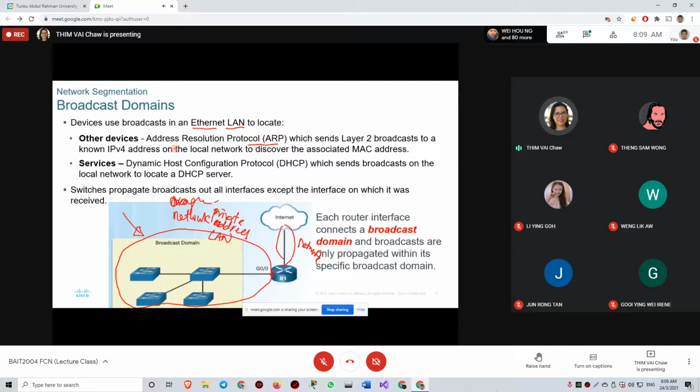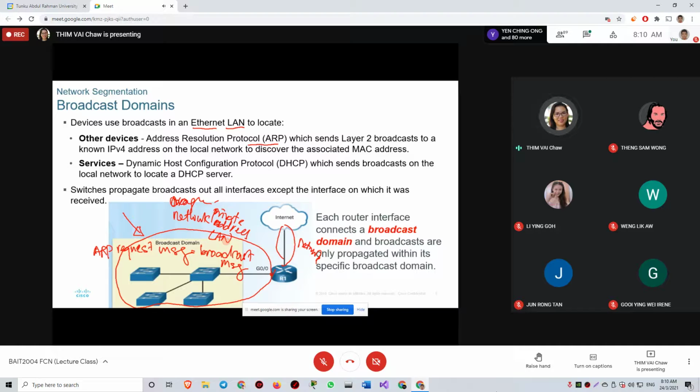You know that the ARP request, when the PC does not know the MAC address of the destination device, will be sent out as a broadcast message to everyone on your network.